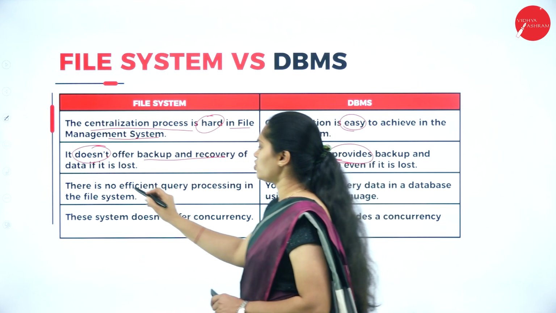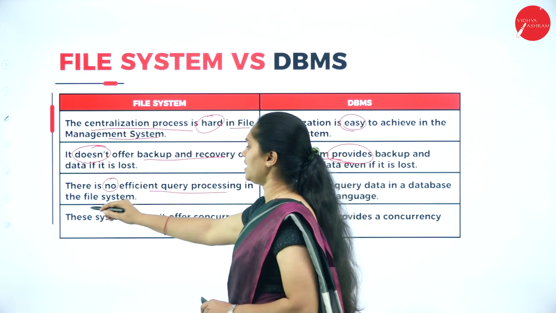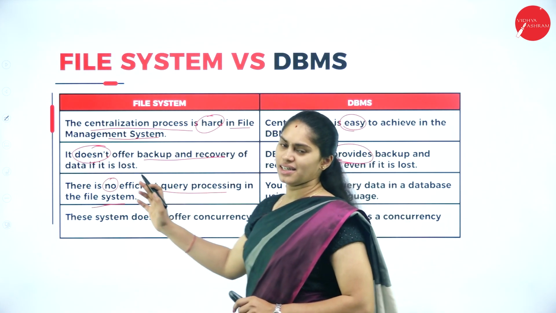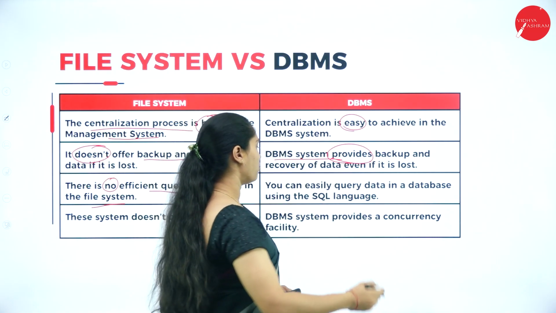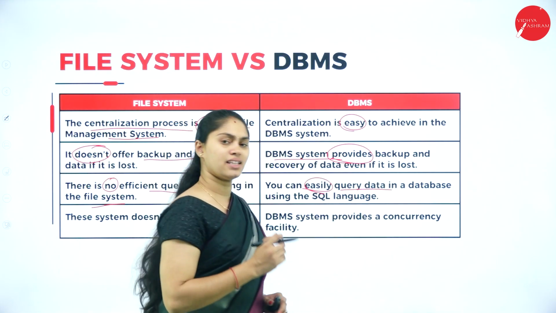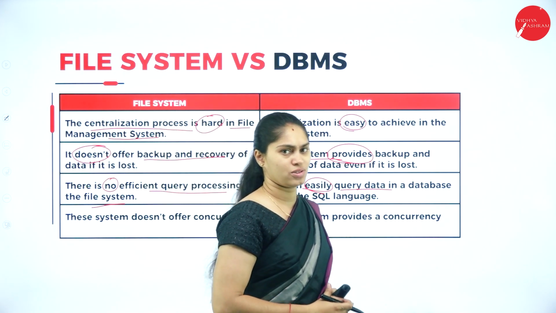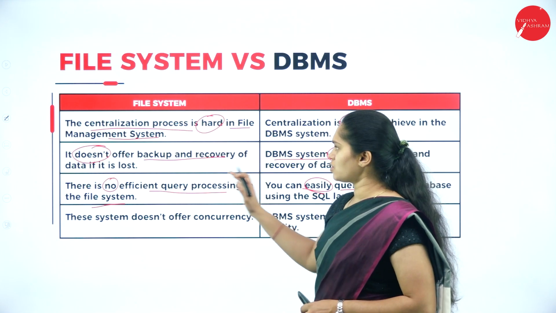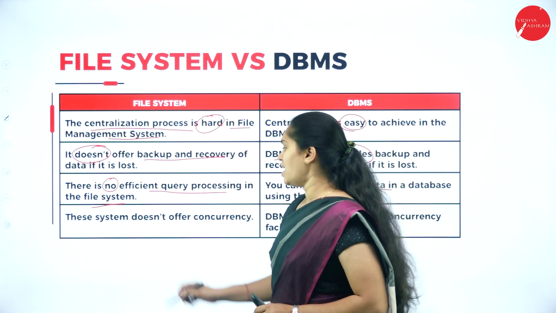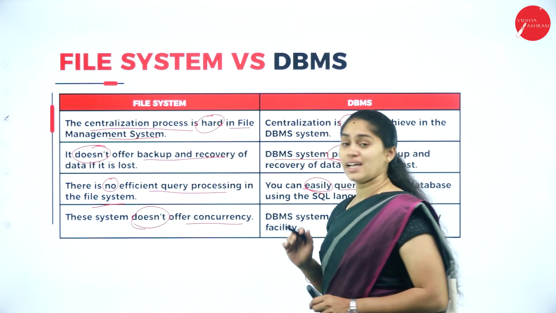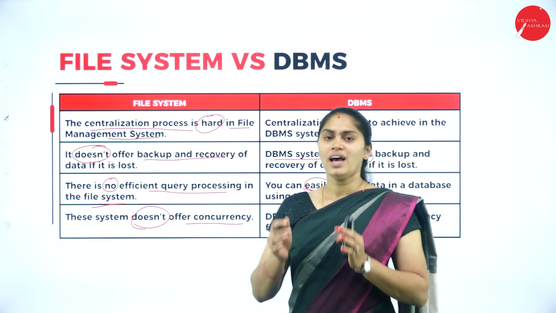Then there is no efficient query processing in the file system. But here we have a very efficient way of easily querying data. That means we can ask questions and give our requirements with the help of a query, but that is not possible in the file system. And the file system does not offer concurrency. Concurrency means what?